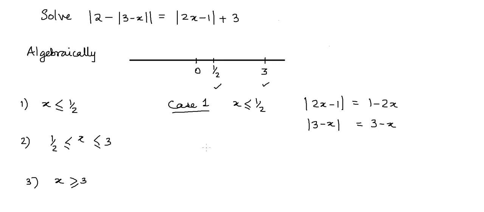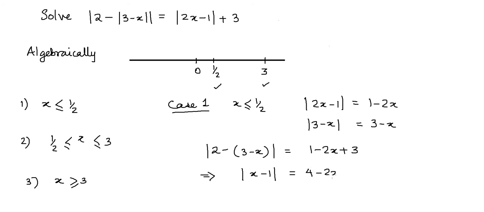So considering this, our equation becomes 2 minus 3 minus x equal to 1 minus 2x plus 3, which is the same as absolute value of x minus 1 equal to 4 minus 2x.